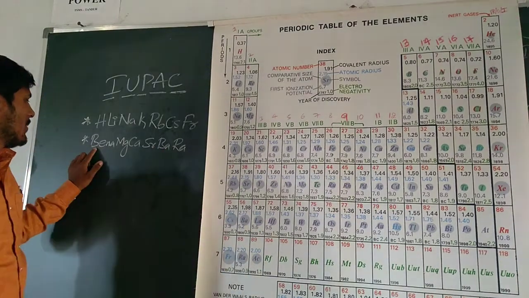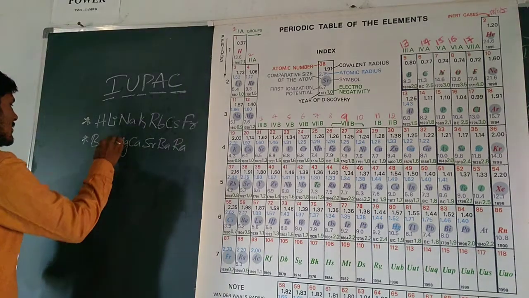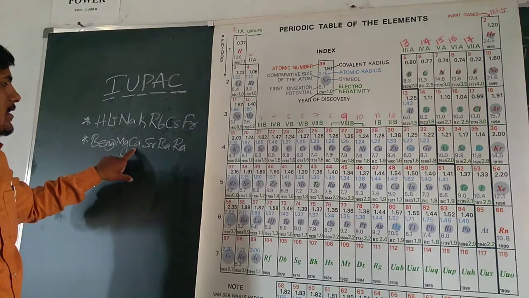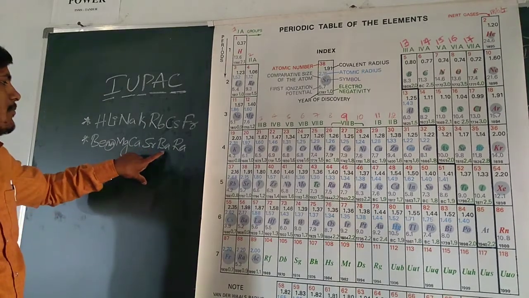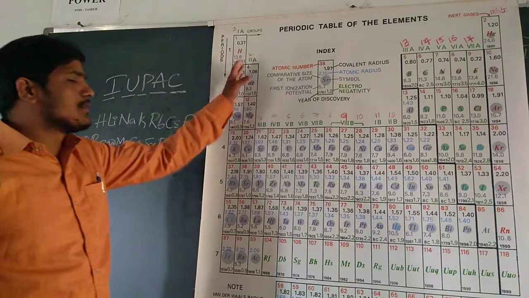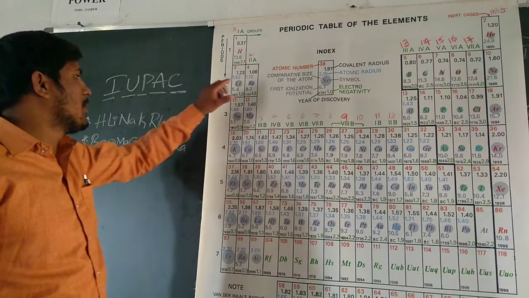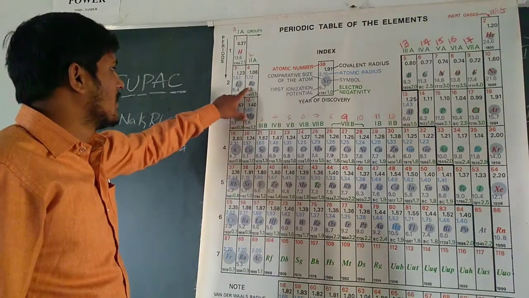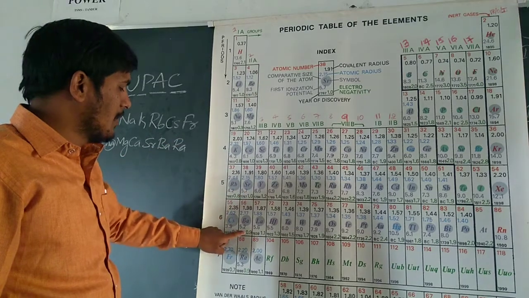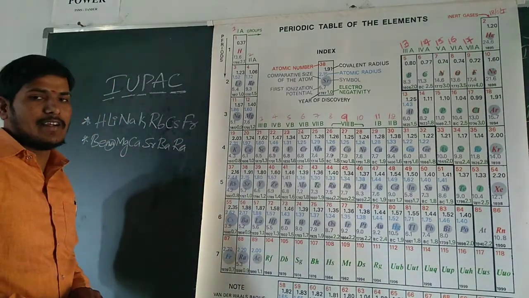Here B means beryllium. The elements are beryllium, magnesium, calcium, strontium, barium, radium. By using this simple code, you are able to remember all these second A group elements: beryllium, magnesium, calcium, strontium, barium and radium.